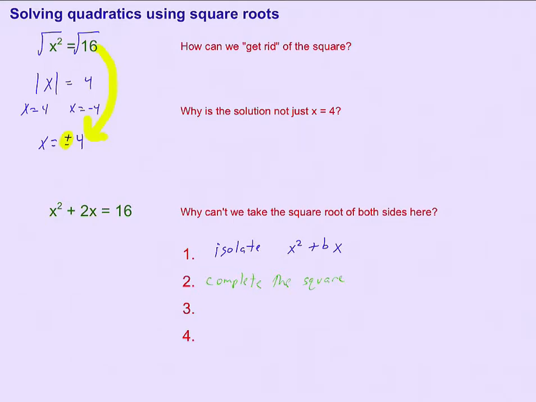The way we do that is by adding something to both sides. This is going to look a little strange at first until we explain it, but you're going to add b over 2 squared to both sides.